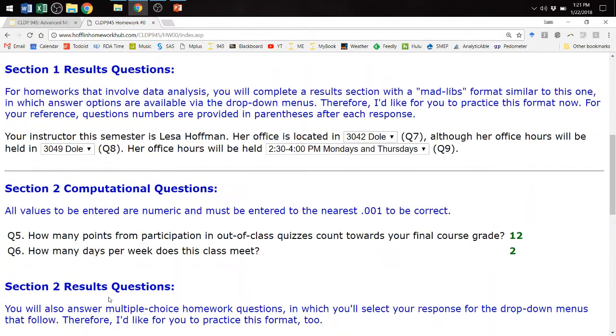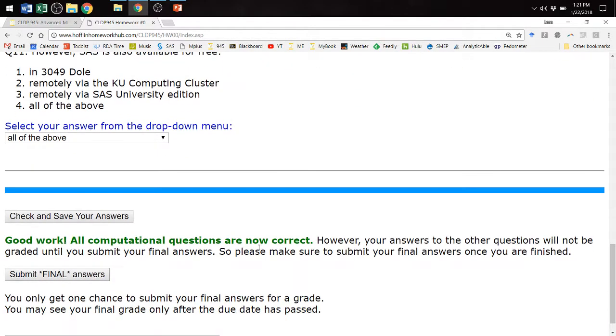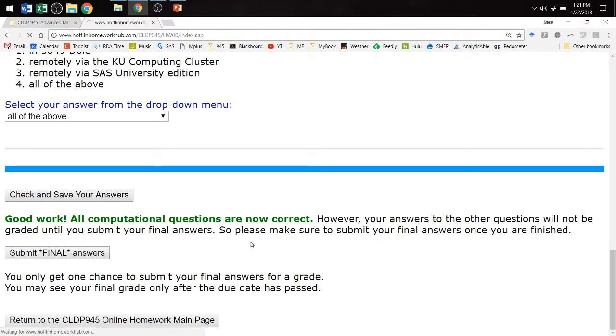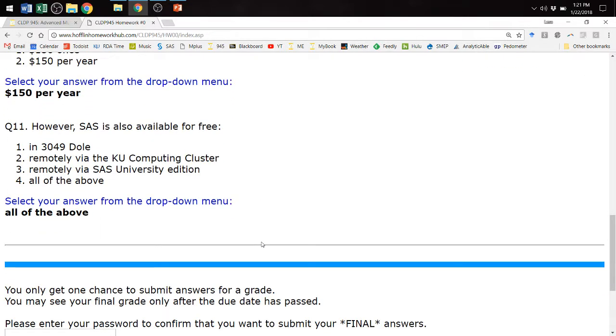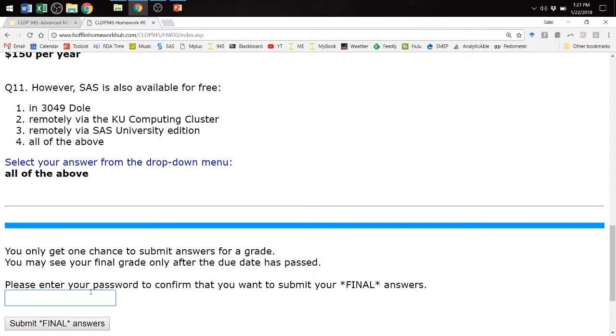So after you've finished the computational questions, it will let you know that they're all done. When you want to submit, there's a submit button here, submit final answers, but you're not done yet. Just in case you hit that button accidentally, I'm asking you to then put in your KUID again to make sure that you know that you're submitting.